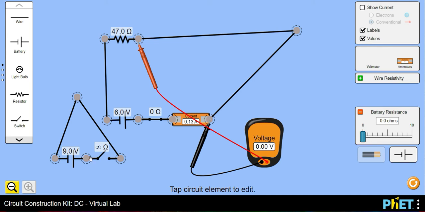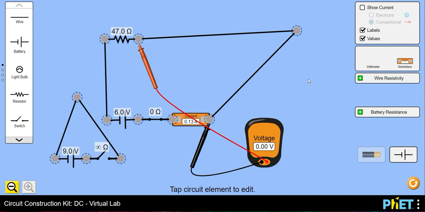This is 9 volts delivered over 0 resistance. So you do a little calculation using Ohm's law and tell me what the current should be. And you should build this circuit when you're doing your lab, close that switch, and take a screenshot so that we know what happens. And that's the story of battery resistance.